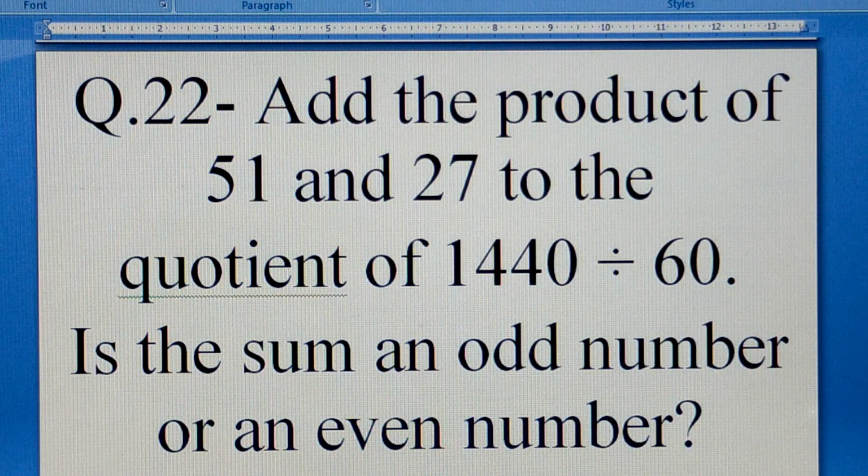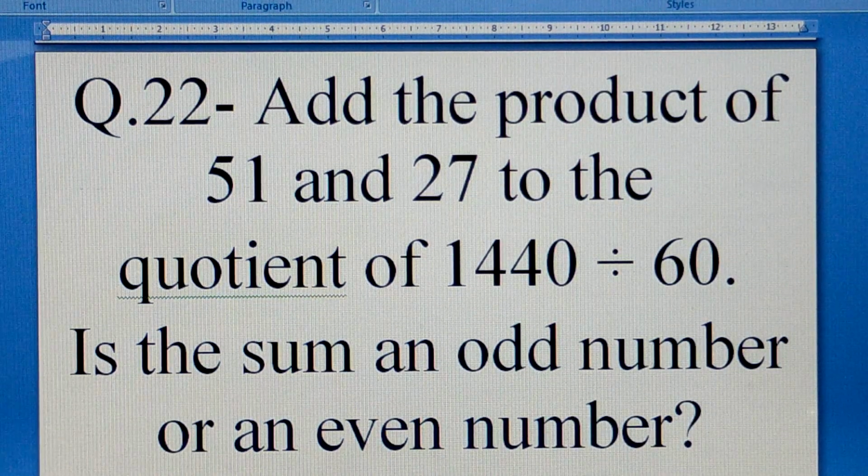Find the answer of 1440 divided by 60, and then you have to add both. And now, in the third part, you have to tell, is the sum an odd number or an even number? Whatever the result you get, that is an even number or odd number.